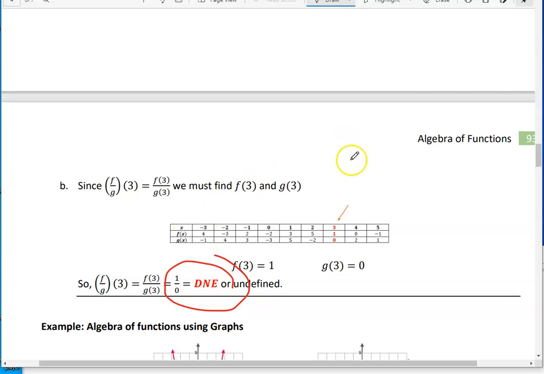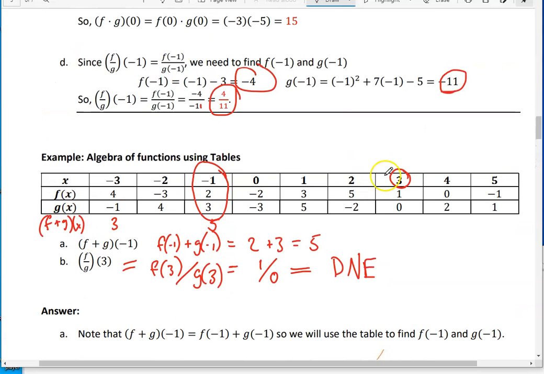Key thing here is, remember, in my table, here's the numbers. I know this is my domain in my table. I know the values of f of x and g of x only for these x from negative 3 to 5, and I don't know what's in between. I just know, for these particular numbers, what f and g are.